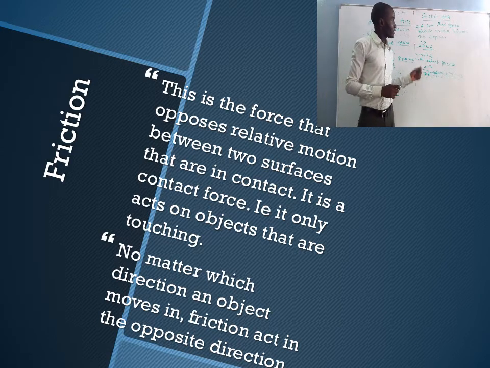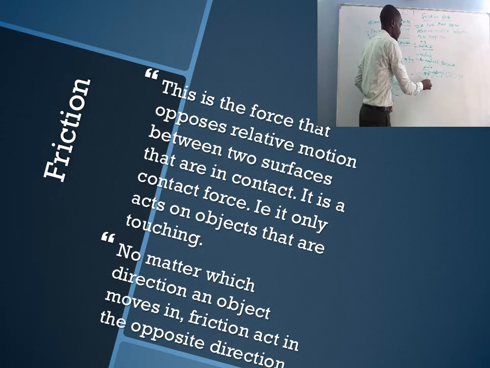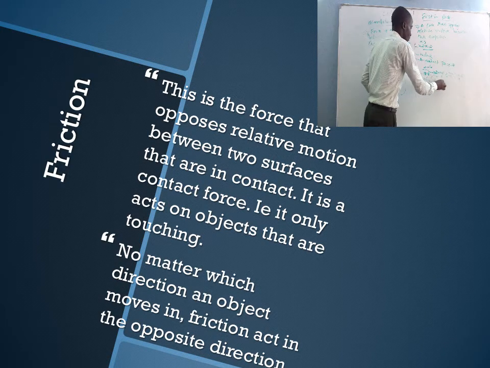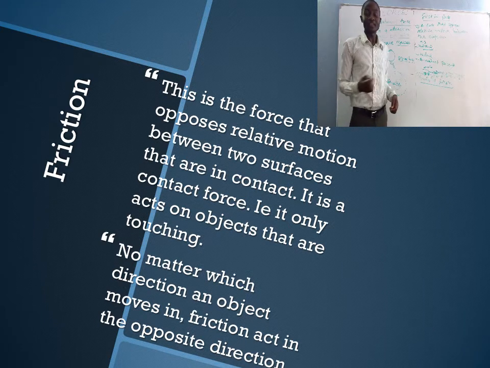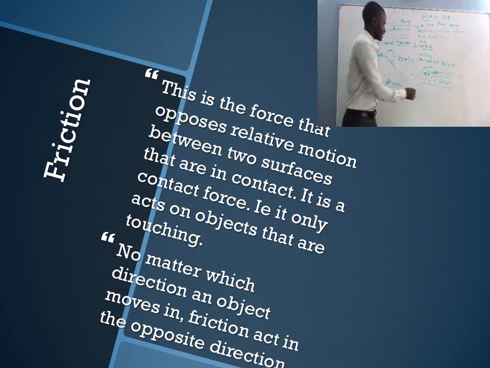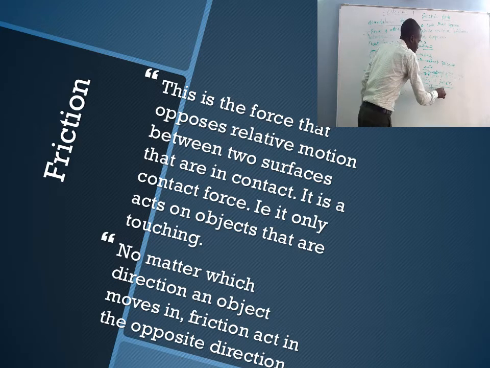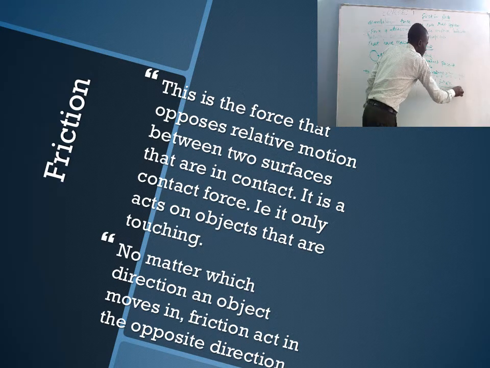Now, something that you also need to know about friction force is that it has got merits and demerits. The merits of friction. It has got a number of advantages. For example, one, it enables us to write.